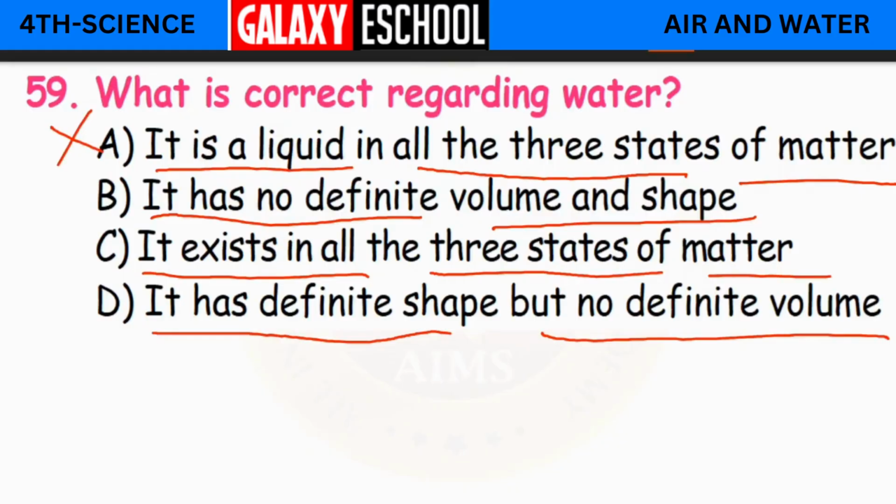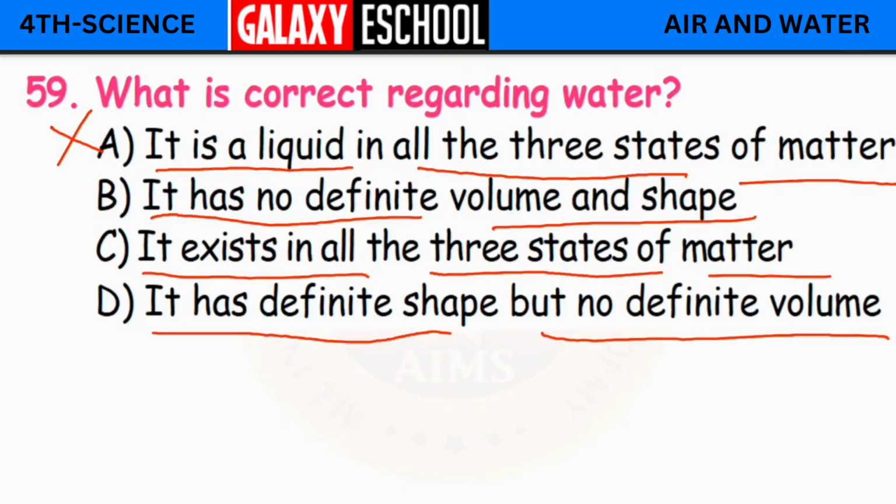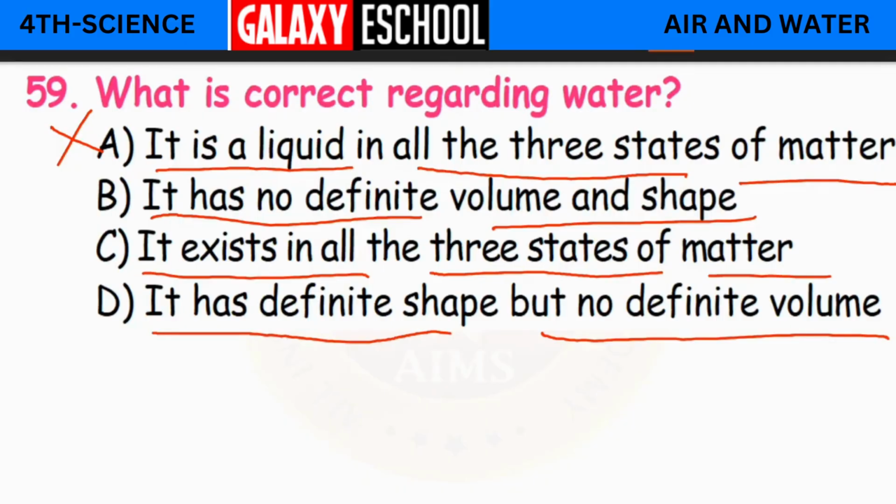When it is in the liquid state, water is like water only. When it becomes a solid, it turns into ice. When it is in the gaseous state, it becomes water vapor. So that is why the first one is wrong. B is, it has no definite volume and shape. Again, this is also wrong. Why?